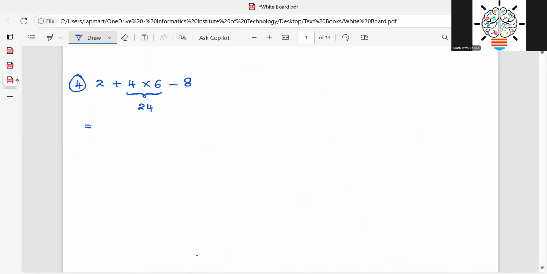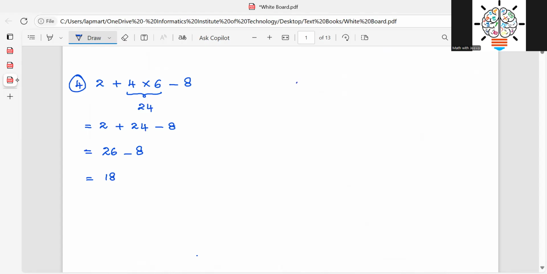Then I rewrite this, 2 plus 24 minus 8. 2 plus 24, 26, minus 8, it is 18. Right? So when you do it step by step, automatically it gives me the answer. So the answer is 18.